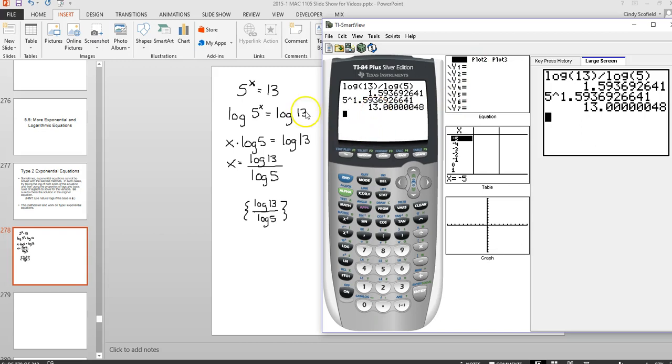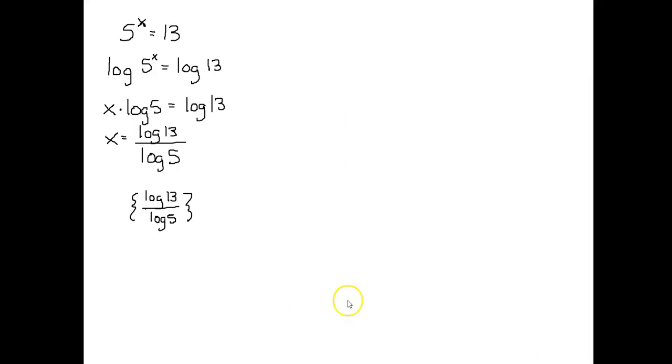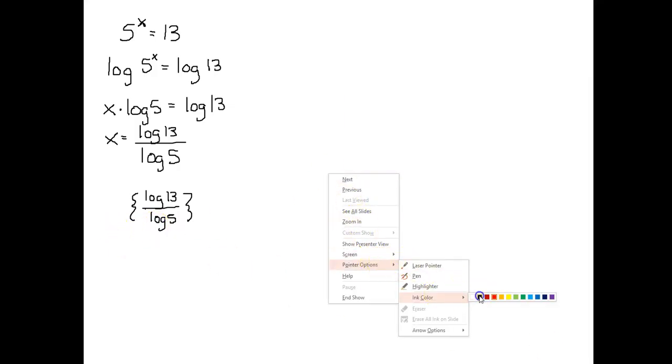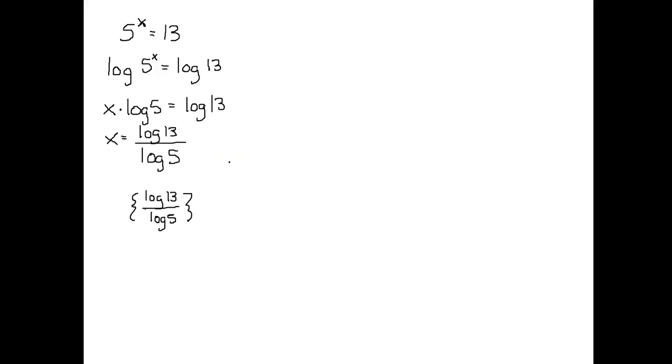The answer is supposed to be 13, and that's exactly what we expected because 5 to the x equals 13 was the original equation. Okay, so you could say it's exactly log 13 over log 5, or you could say it's approximately 1.594.